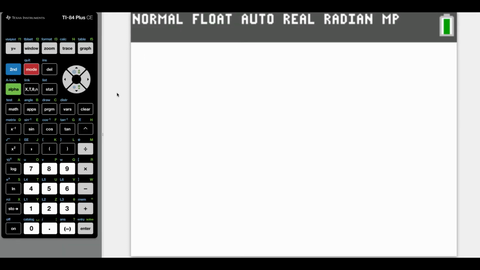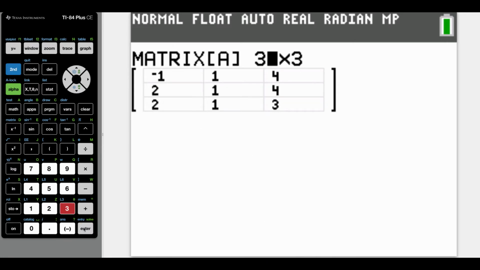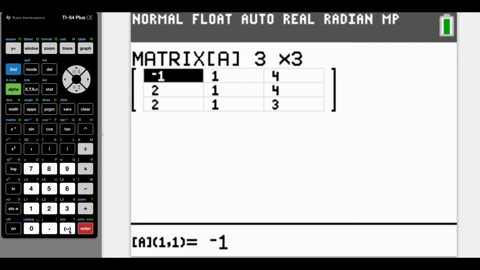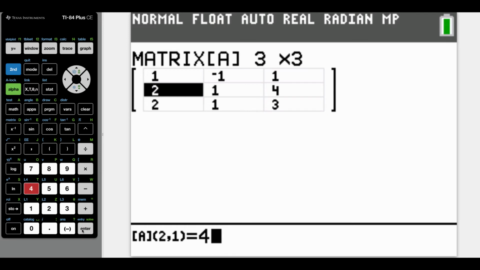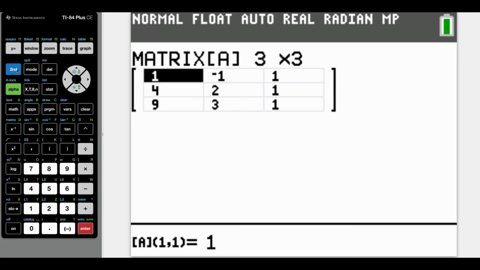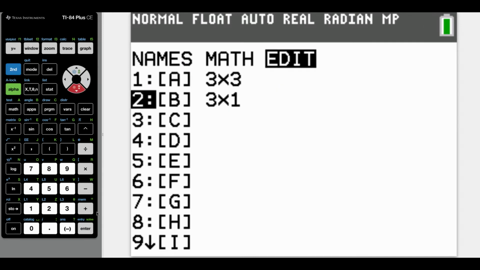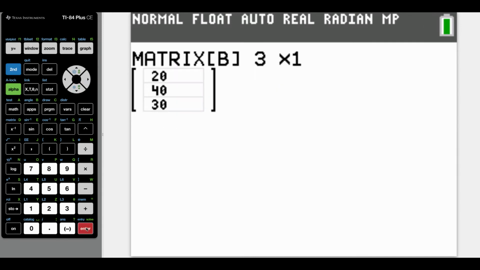The first thing we need to do is edit our matrices. So I'm going to go second matrix, and I'm going to edit matrix A. This is a 3 by 3 matrix, and I'm going to get those entries filled in. And then I'm going to need to edit matrix B, so second matrix, edit matrix B. This is a 3 by 1 matrix, and I'm going to fill in those entries.